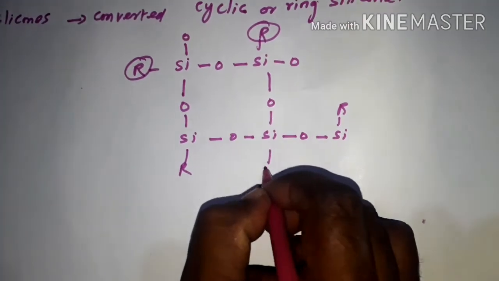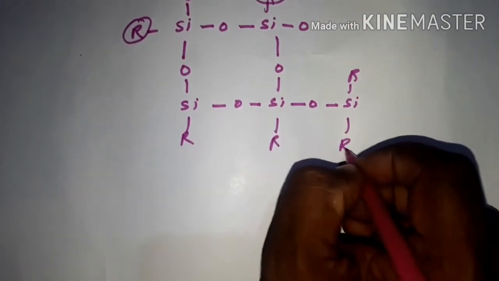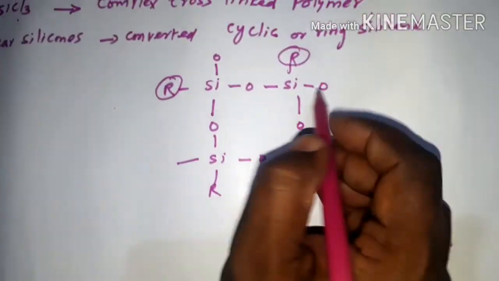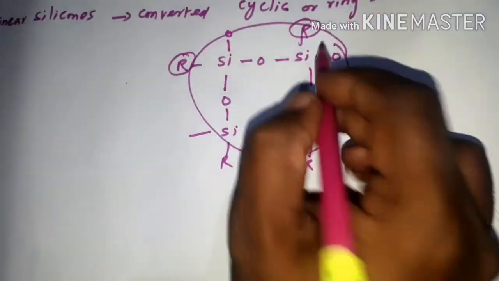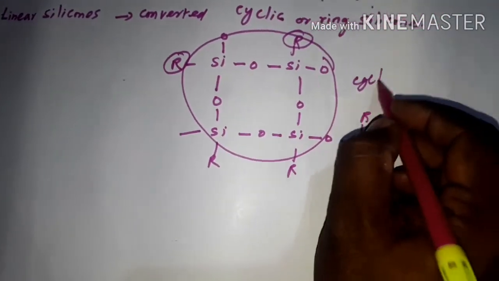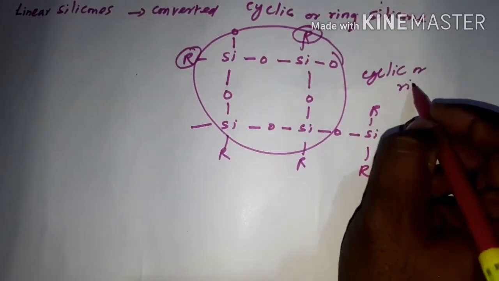R, again R here R. So the link will be going like this. This is the cyclic or ring silicones. This is cyclic or ring.